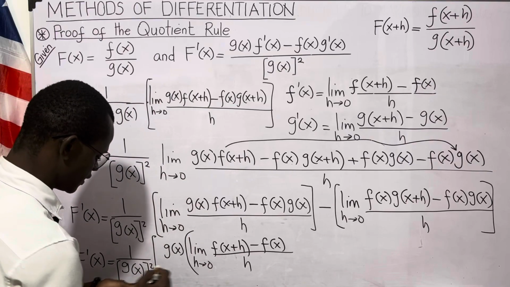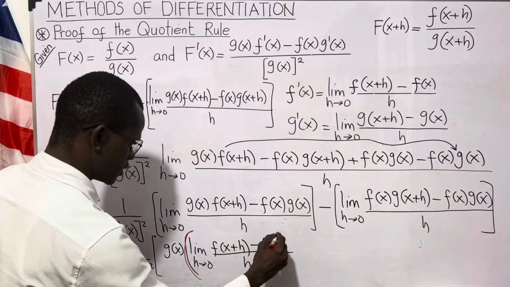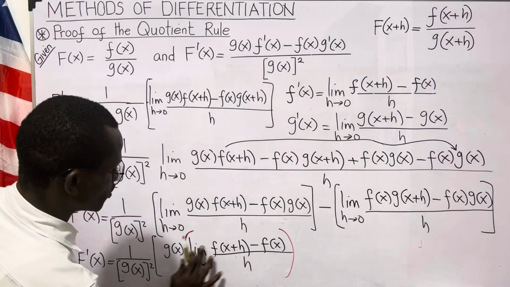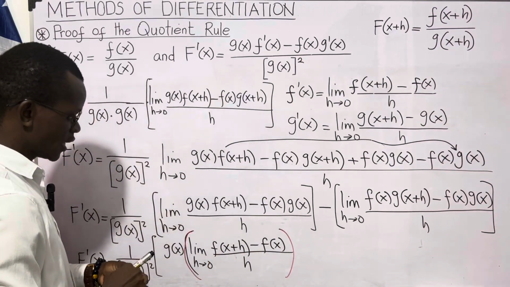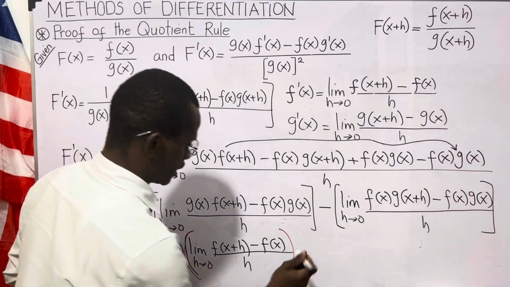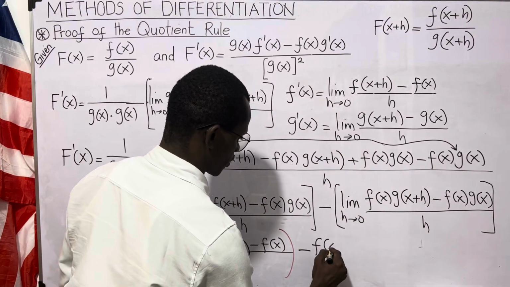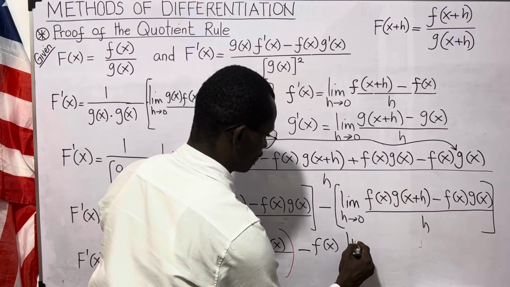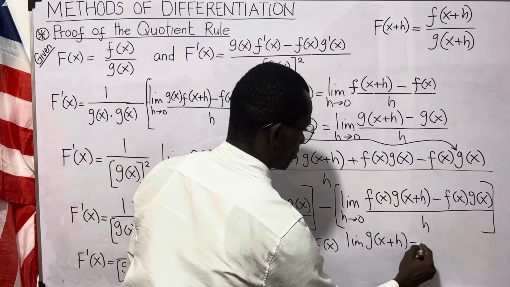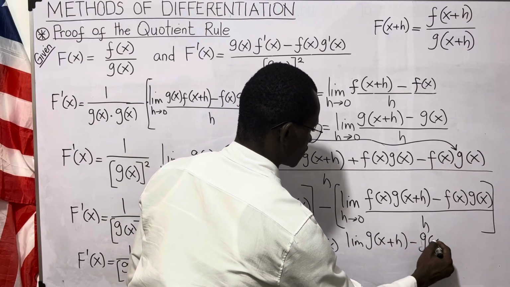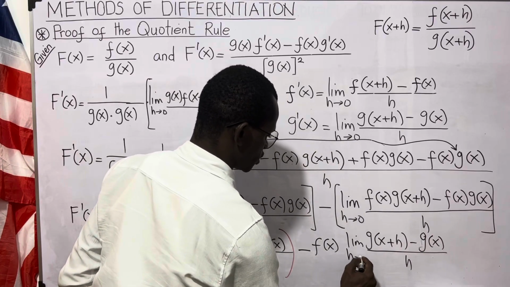So I can clearly see that this expression right here is just equal to f prime of x. And then on the other hand, minus, if I factor out f of x, I will have the limit of g of x plus h minus g of x divided by h as h approaches 0.